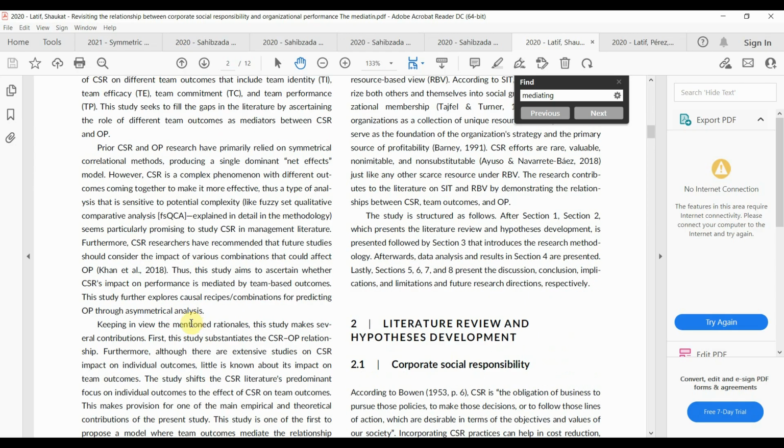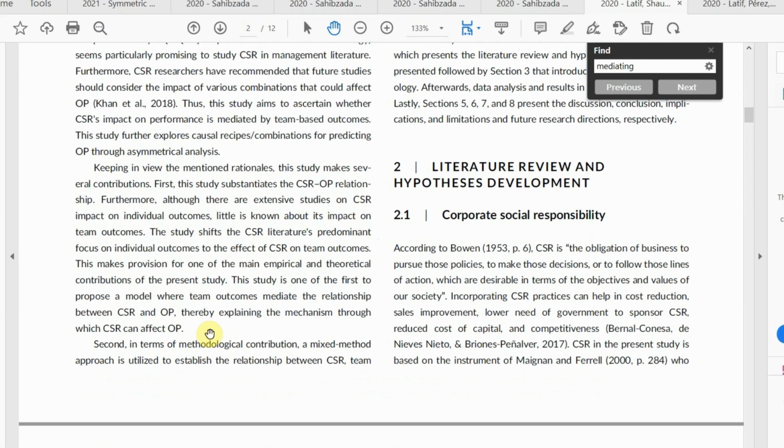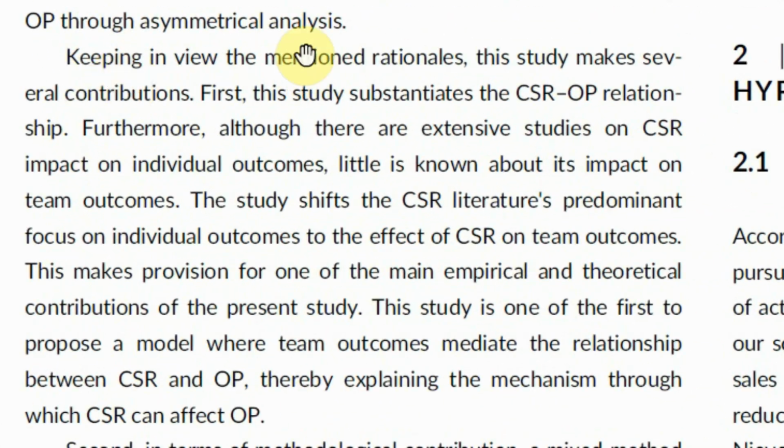Let me briefly look into it. Keeping in view the mentioned rationales, this study makes several contributions. First, this study substantiates the CSR-OP relationship. Furthermore, although there are extensive studies on CSR impact on individual outcomes, little is known about team outcomes.